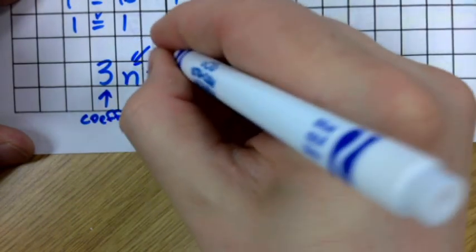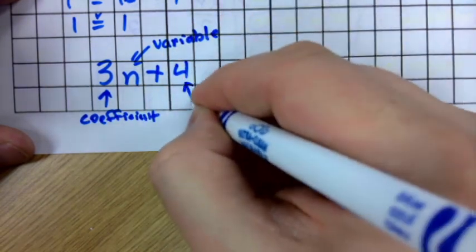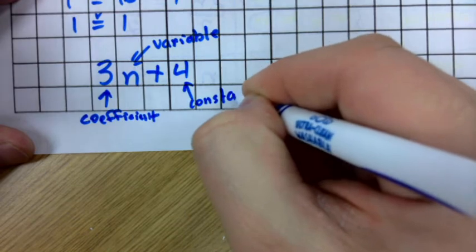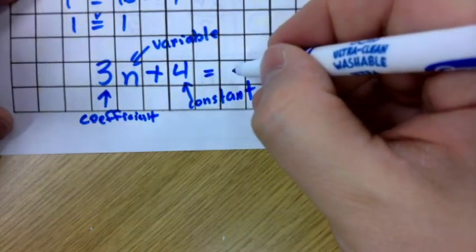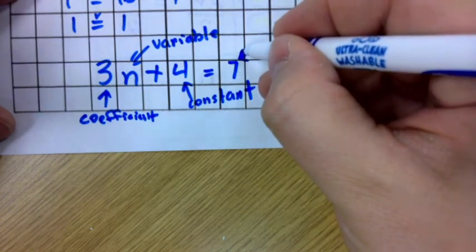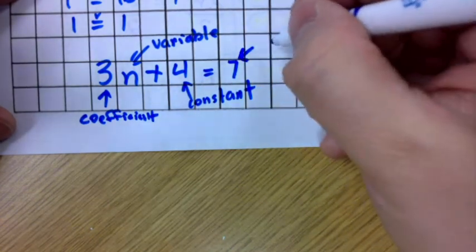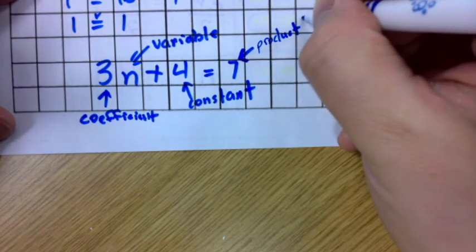This is our variable. This is our constant. And this would be product or sum, depending.